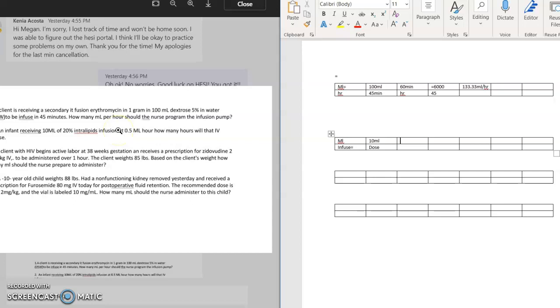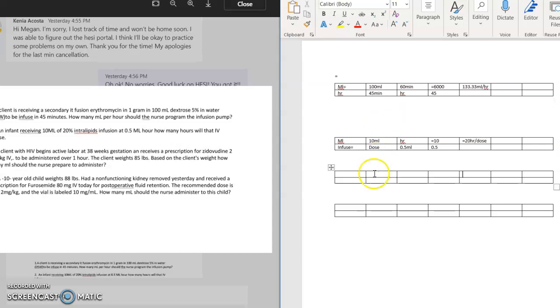So you just want your mils to be on the bottom so that they cancel out, and you're left with hours for the dose, which is exactly what we're looking for. So I just like to make sure that those match. And then 10 divided by 0.5 is 20 hours per dose.